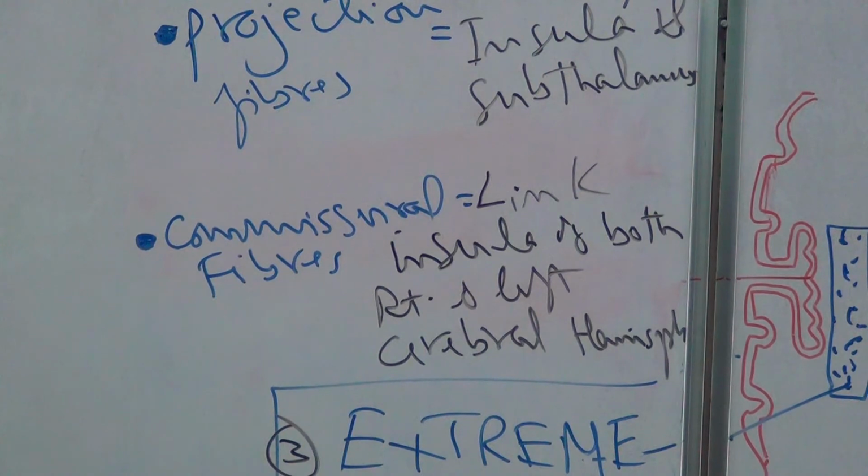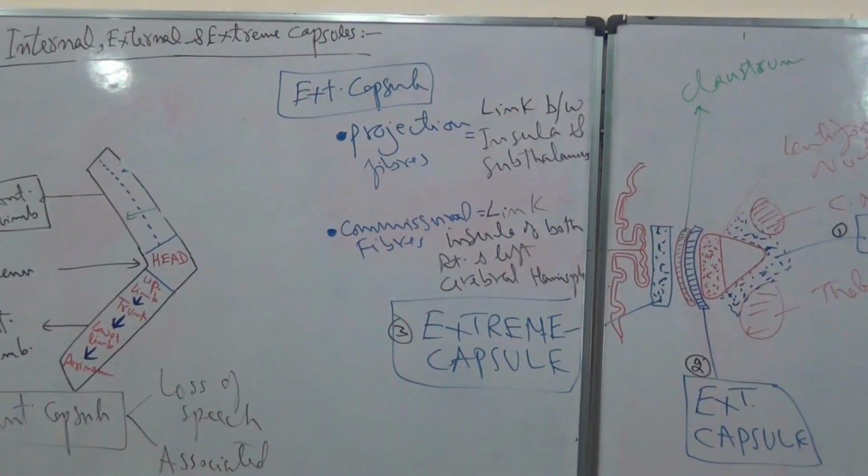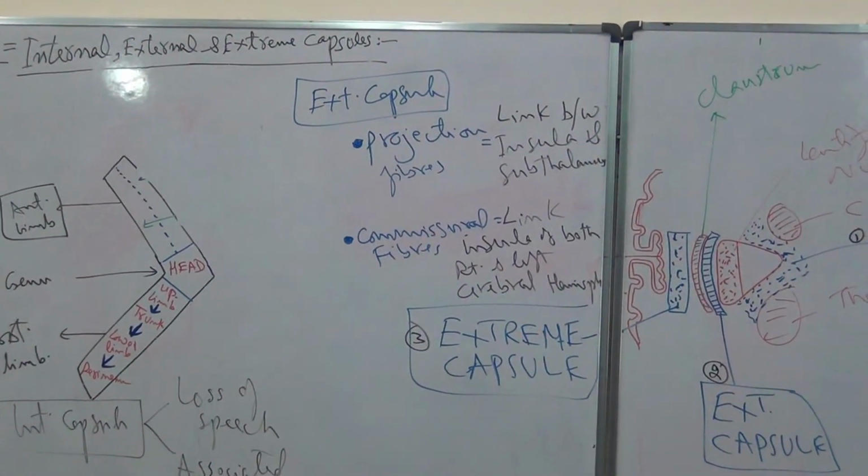So the right insula is connected with the left insula, in other words. So these are the nerve fibers which pass through the external capsule.